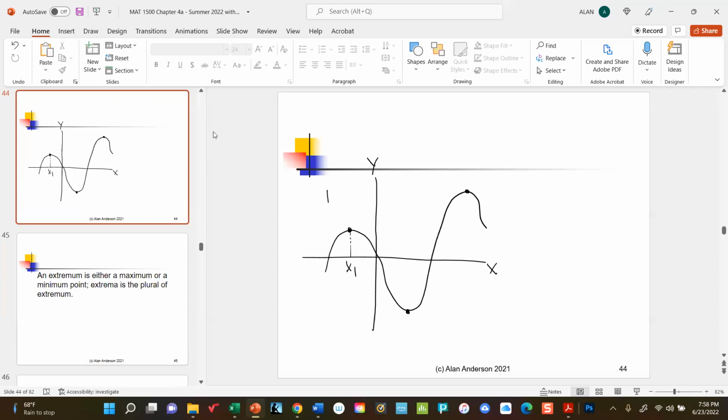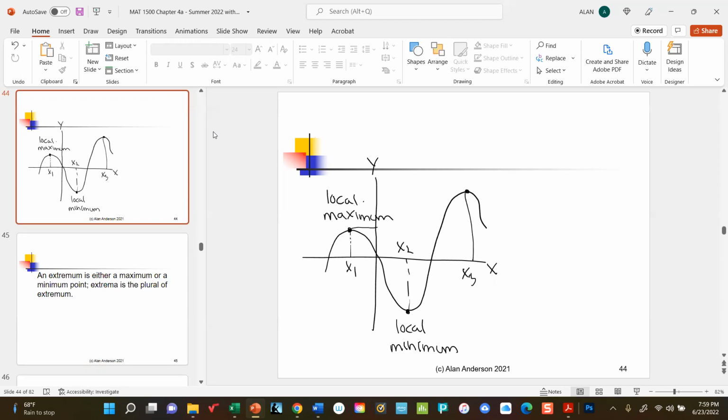So this is often referred to as a local maximum, in the sense that there might be other maximum points, but within this area, this is the maximum point. This one, based on that same logic, would be referred to as a local minimum. This one is also a local maximum, even though this one is higher than this point here.